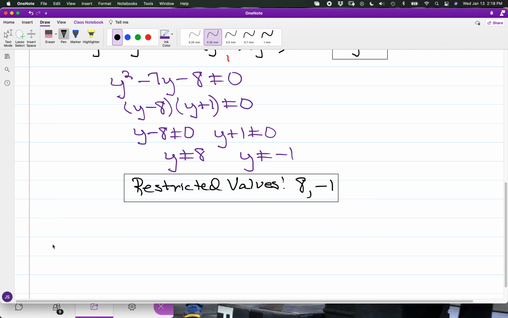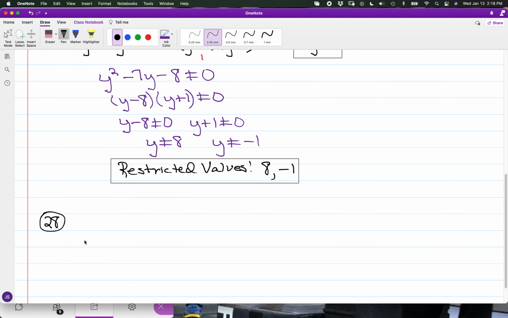Now, for number 28, we have 8x minus 3y all over x to the third times y to the fourth, and we have times 6x y to the eighth, and we have all over 24x minus 9y.